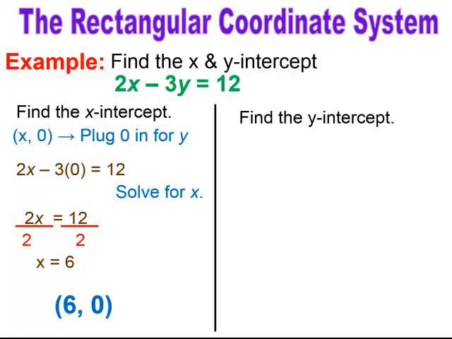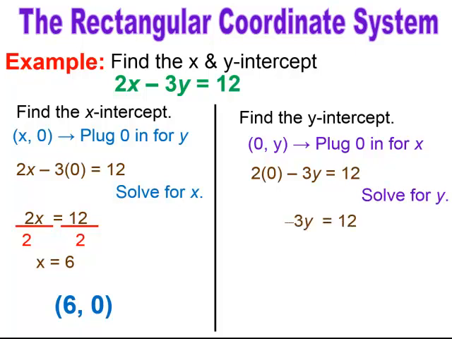Now for the y-intercept, again, the x value will be 0 and you will find your y value. I'm going to plug in 0 for x in the equation and evaluate. 2 times 0 is 0, so I'm left with negative 3y equals 12. To solve for y, I divide through by negative 3, and y equals negative 4.